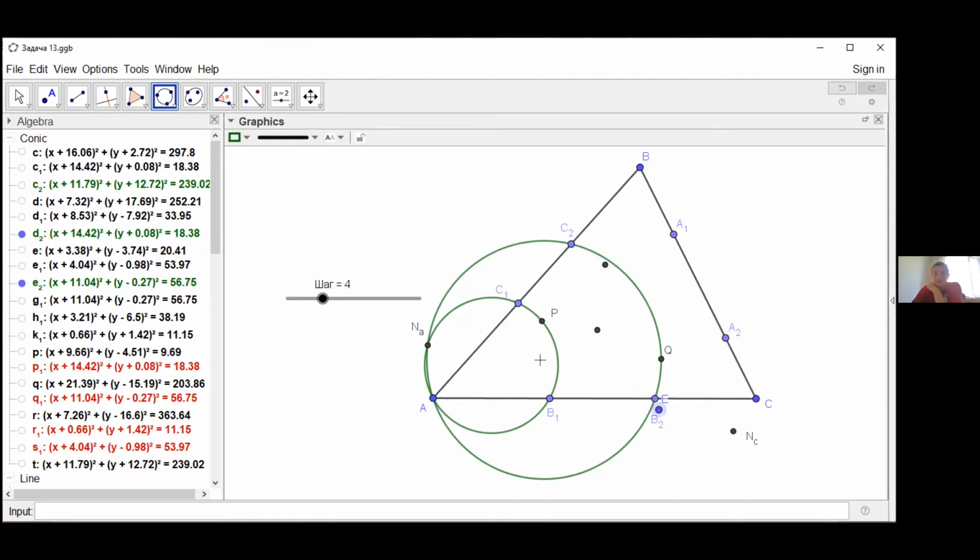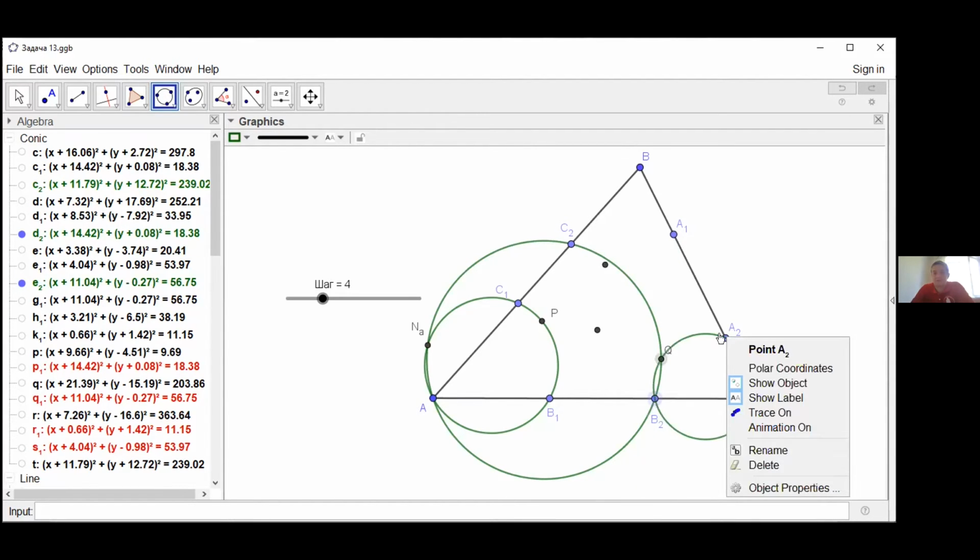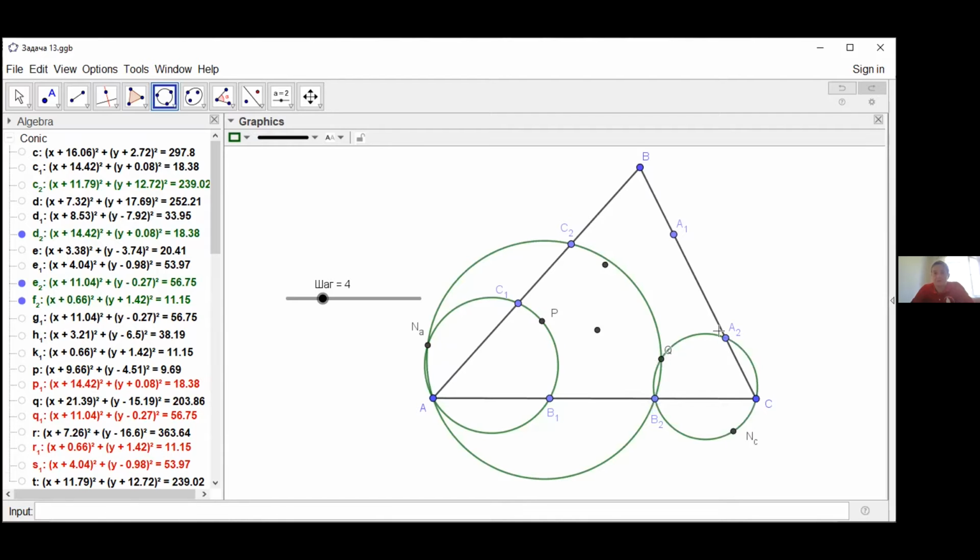These circles that we just drew pass through P and Q respectively, of course. We draw similar circles to obtain, say, NC.